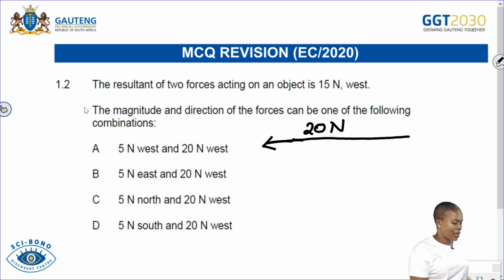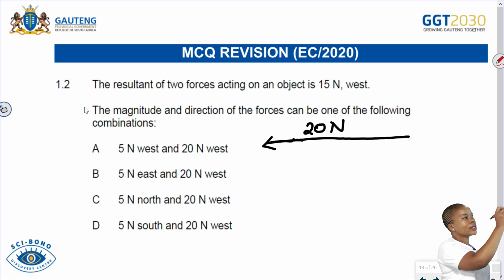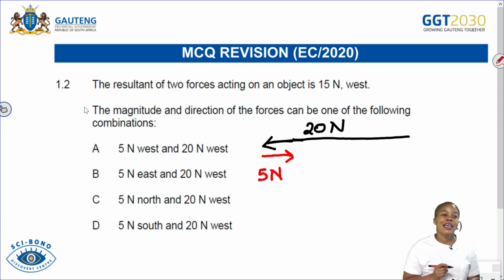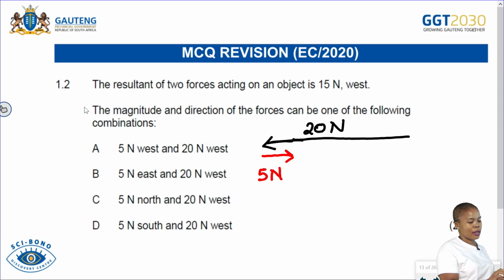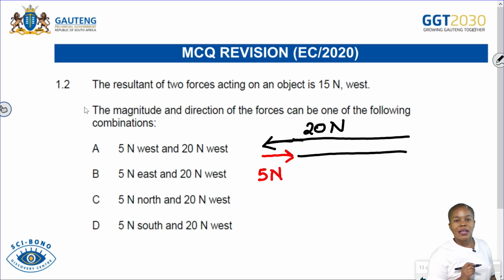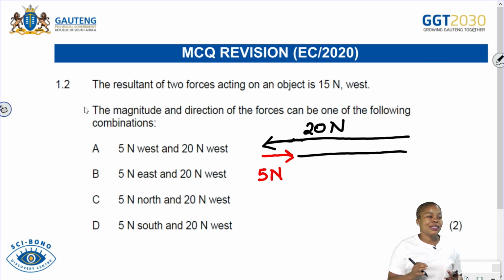By doing head to tail, we are moving slightly from the side to indicate this is our 5 newtons to the east. So the resultant is therefore over here.